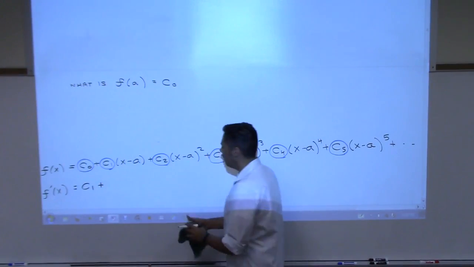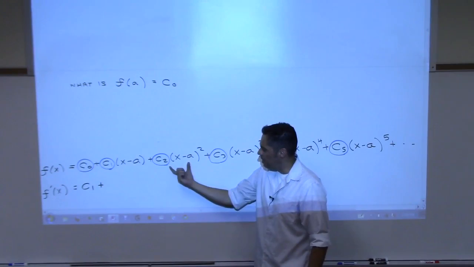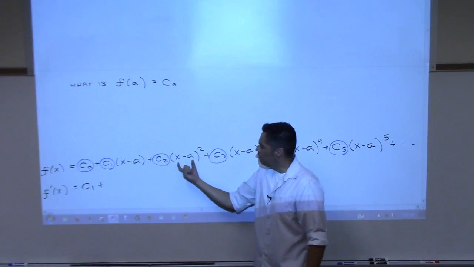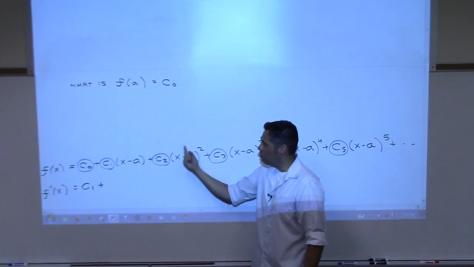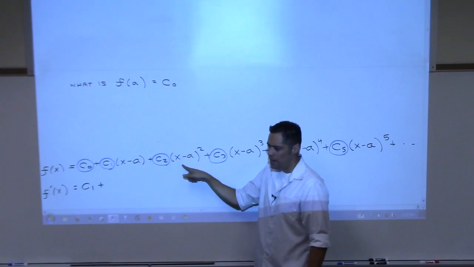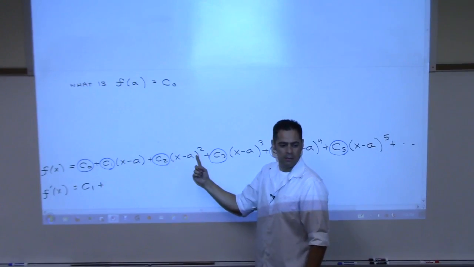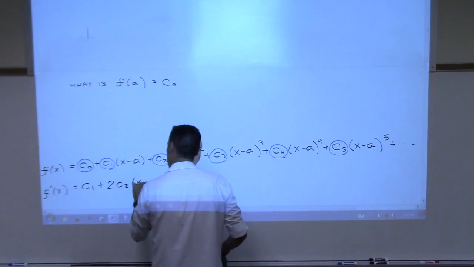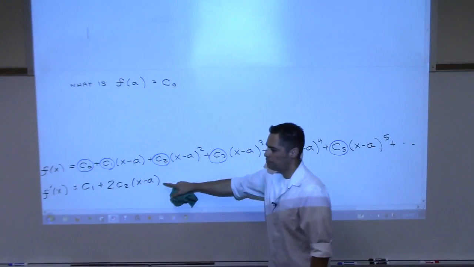Plus, now, what's the derivative of this thing? C sub 2 is a constant. It comes for the ride. What's the derivative of that? The 2 drops out, this to the first power times the derivative inside, 1. So shouldn't you just get 2 c sub 2 times (x minus a) to the first power?